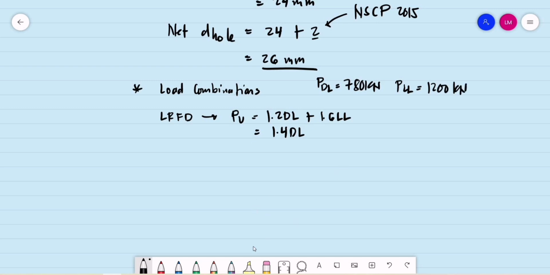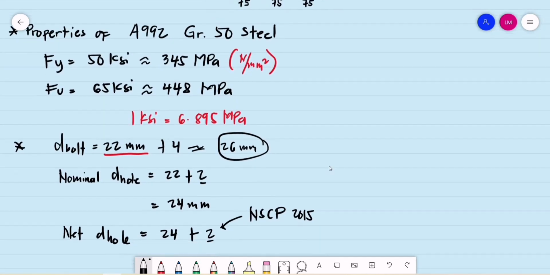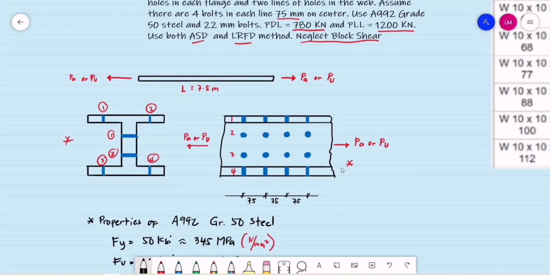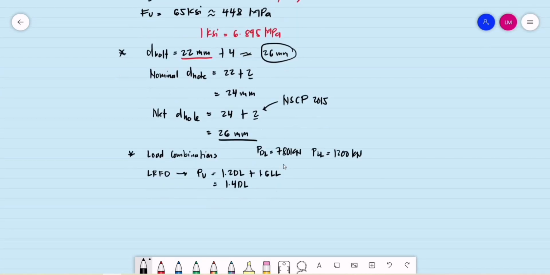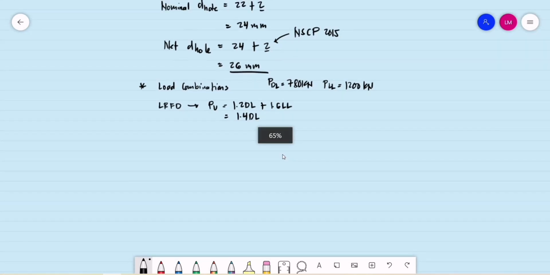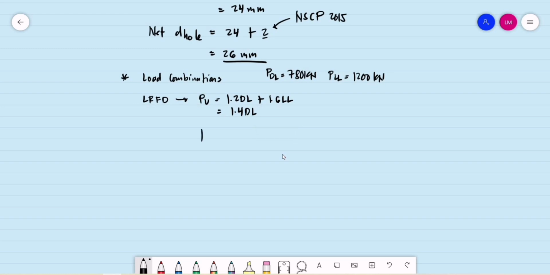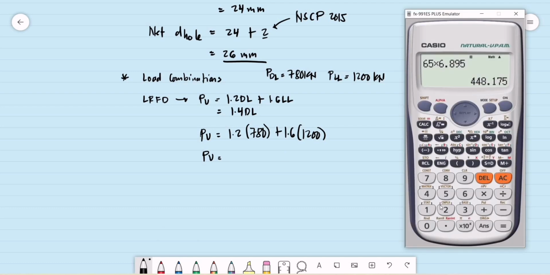So let us check these values again. 780 kilonewtons, 1,200 kilonewtons. So PU is now equal to 1.2 of the dead load, 1.2 of 780 kilonewtons plus 1.6 of 1,200. So we have PU using the first combination. This is 1.2 of 780, then plus 1.6 of 1,200.